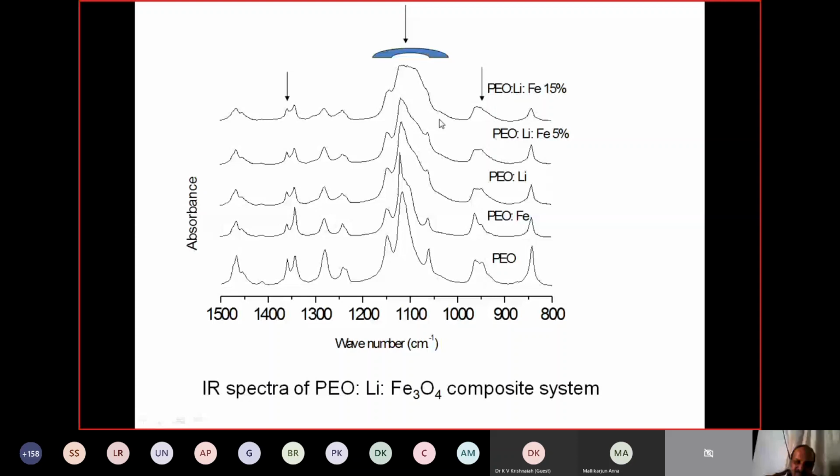That means at higher salt content, aggregation is taking place, that means salt is aggregated. But when we add the particle to this, that is overcome. That means a greater number of cations will be available within that material.